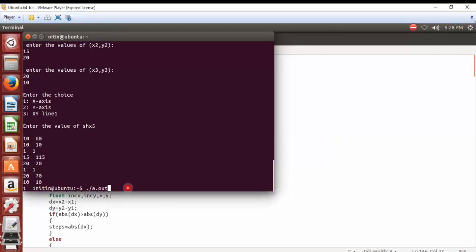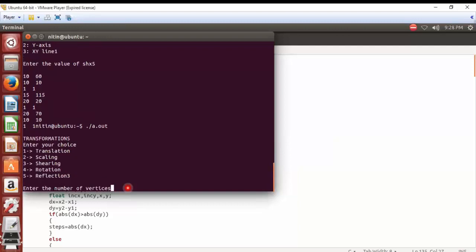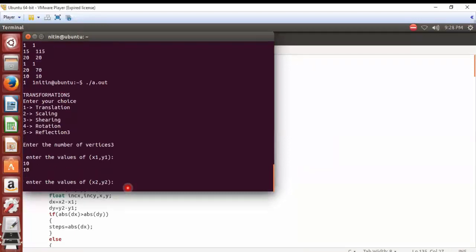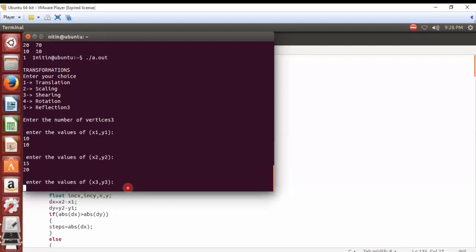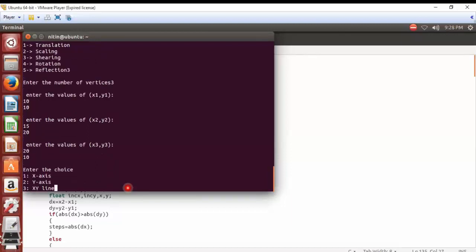Let's see y shear. Again 3 as input for shearing. Number of vertices 3, 10, 10, 15, 20, 20, 10. Input here is y shear. So only y values will get updated now. x values will remain same.